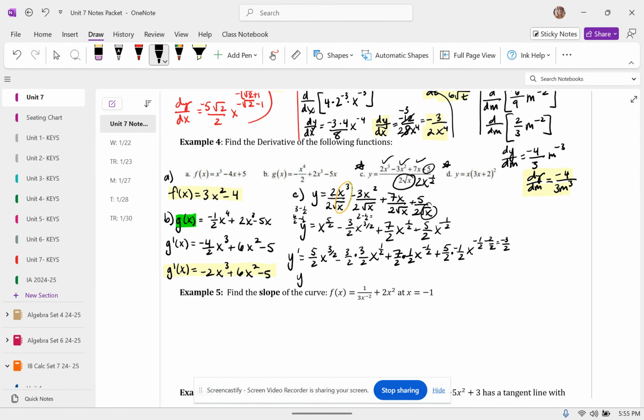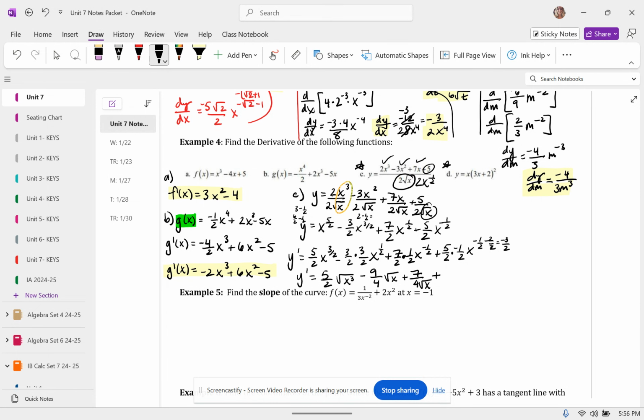Okay, yikes. So now I'm going to have 5 over 2 times the square root of x cubed, minus 9 over 4, and then just a plain old square root of x, plus 7 over 4. Oh, that x to the negative 1/2 is going to go down in the denominator with the 4.